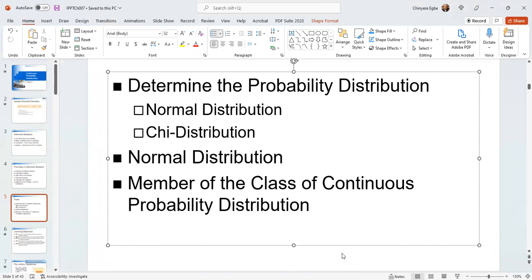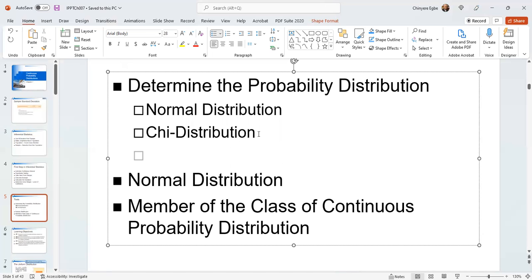And that is what I'm going to move into next. First of all, you must determine what kind of probability distribution you're going to use. You can use chi-square distribution, you can use F distribution. There are different kinds of distributions you can use. I'm just talking about the very simple ones.